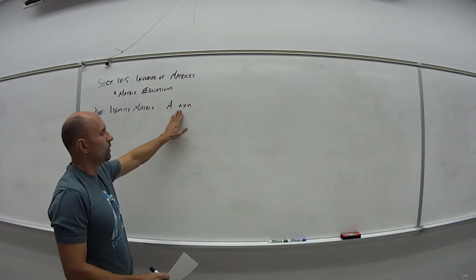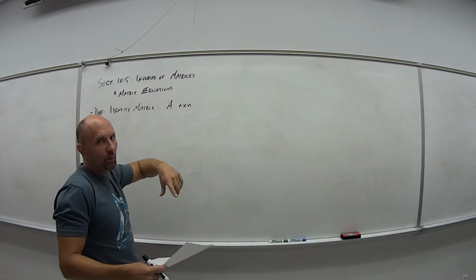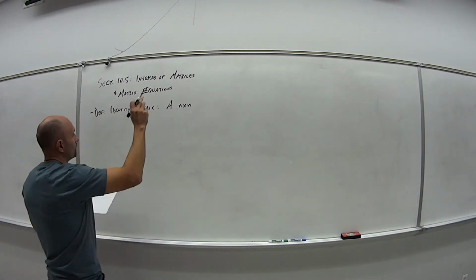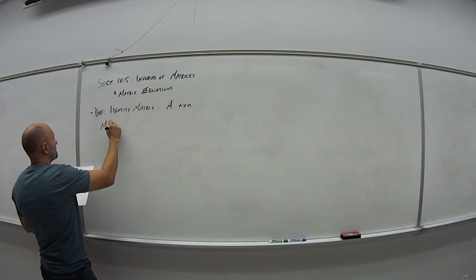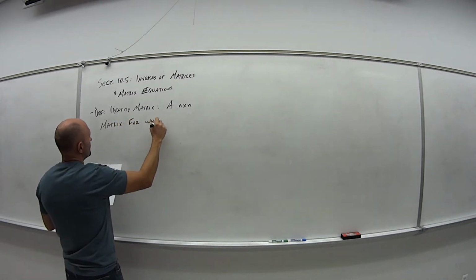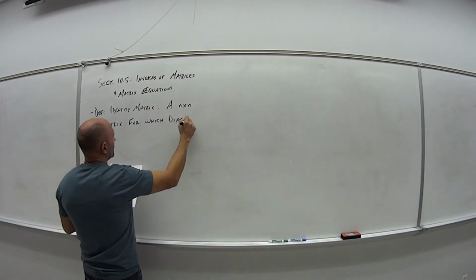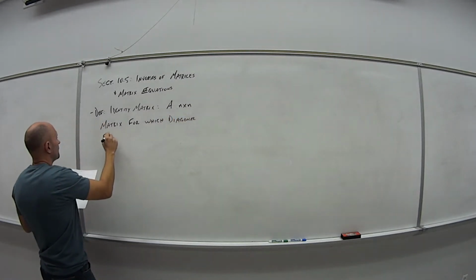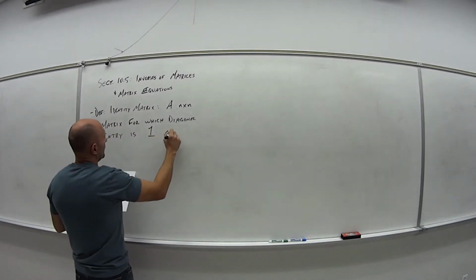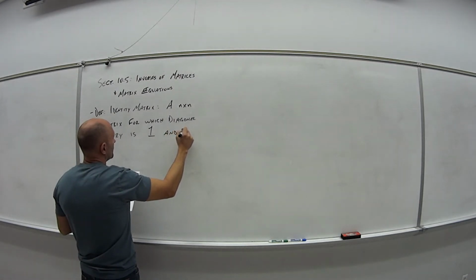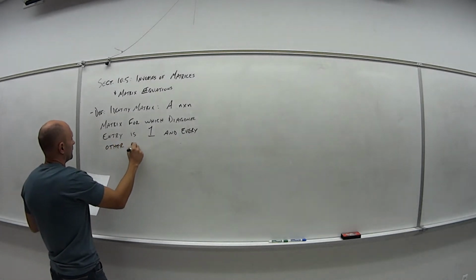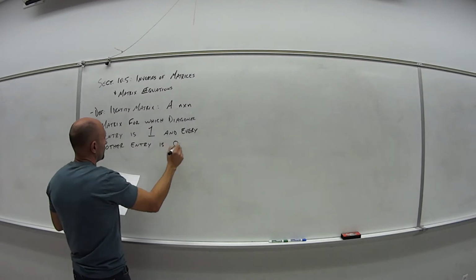Notice the number of rows and the number of columns are the same, so it has to be square: 1 by 1, 2 by 2, 3 by 3, 4 by 4, etc. It's an n by n matrix for which each diagonal entry is 1, and every other entry is 0.